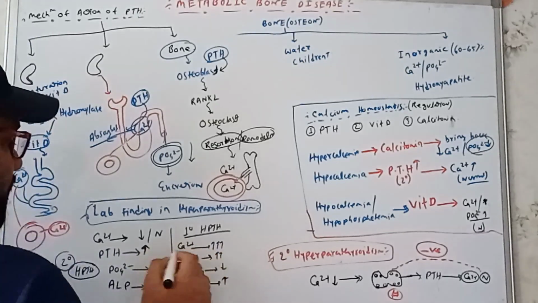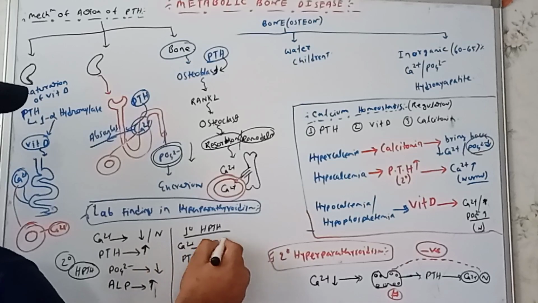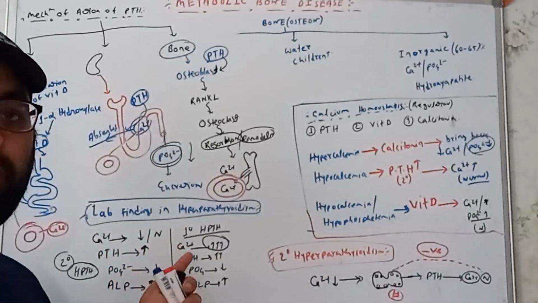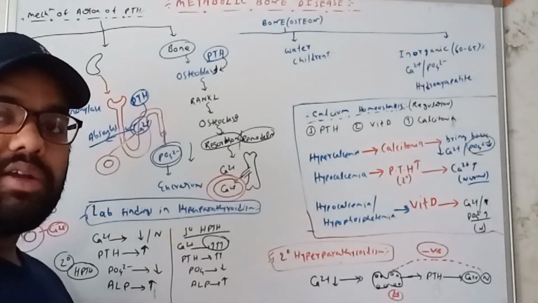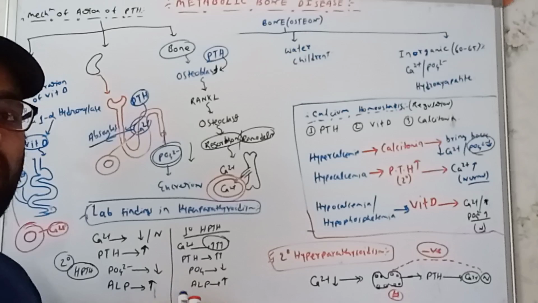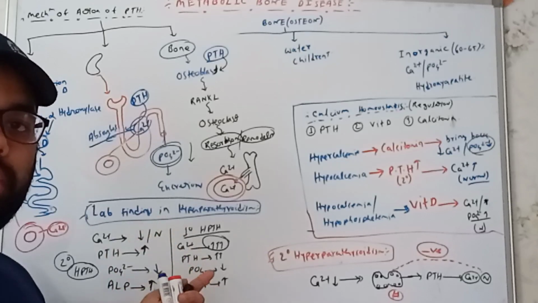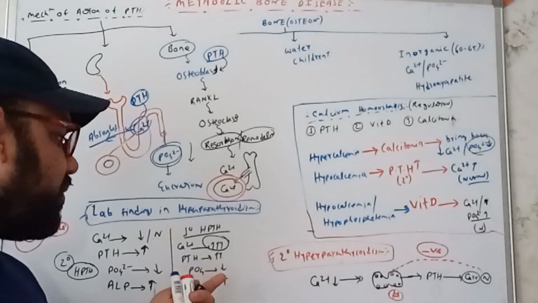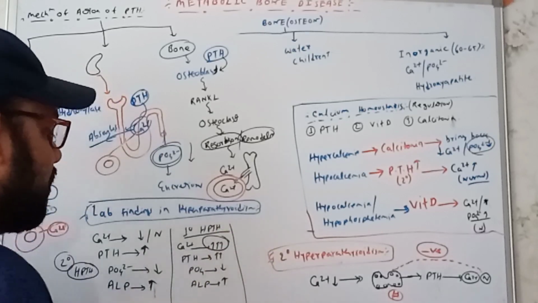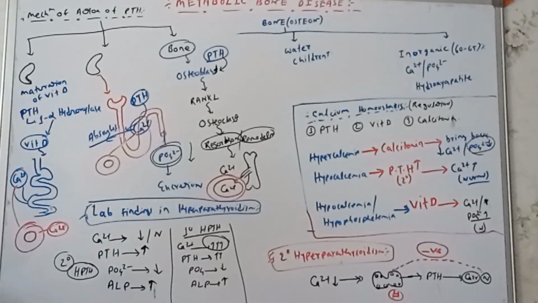So what are the main changes between these two? We are getting to see the calcium level here. In secondary hyperparathyroidism, the calcium level may be up to the normal level, but in primary hyperparathyroidism, the calcium value will be beyond the normal level. Beyond the normal level. That's why it's very important to remember the lab findings, right?